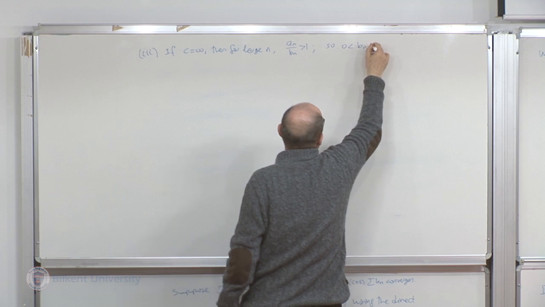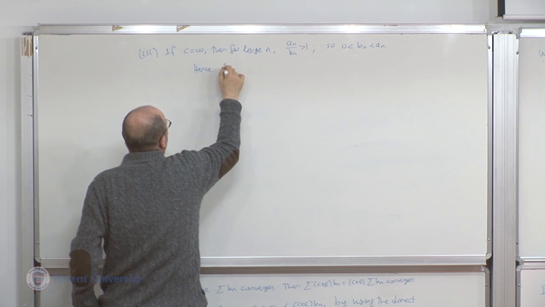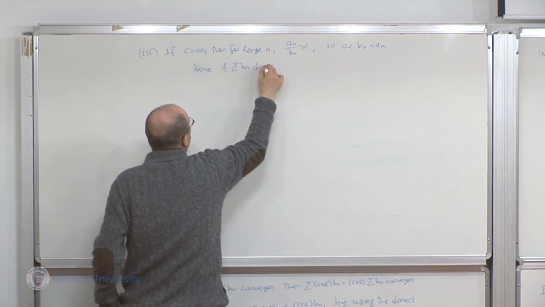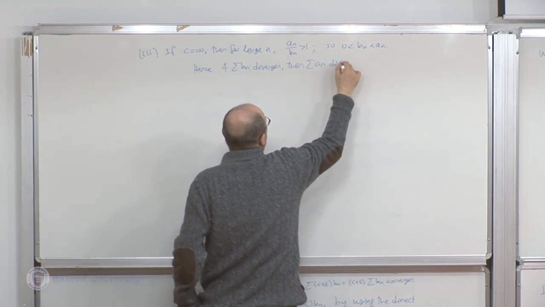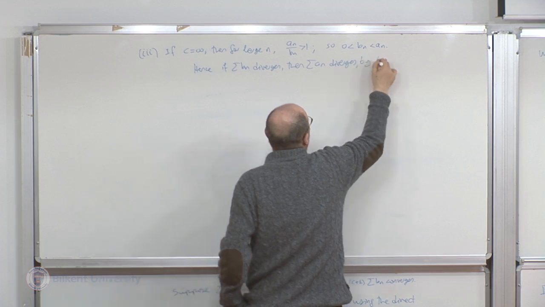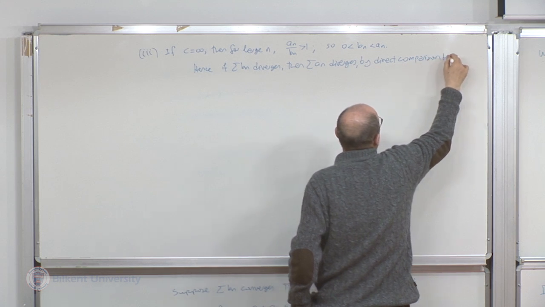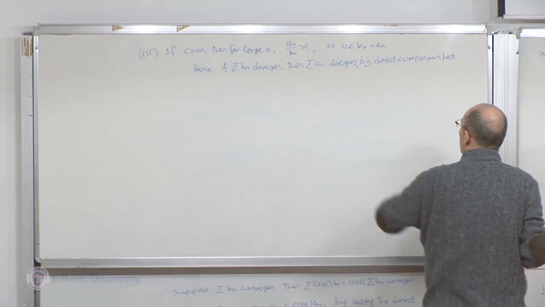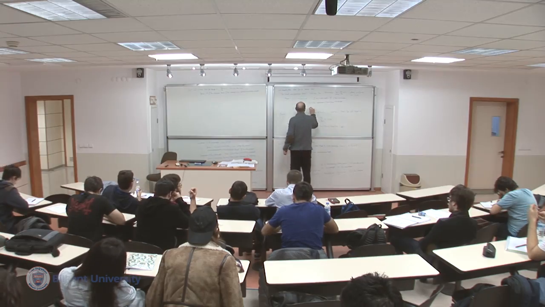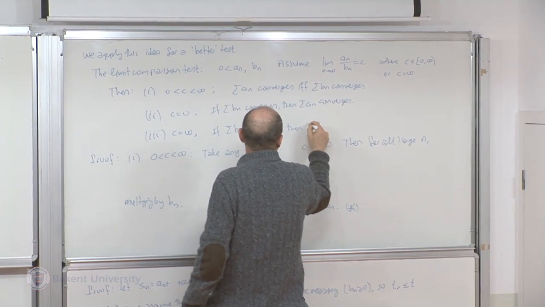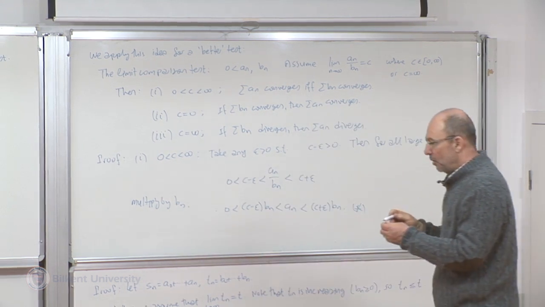So hence, if summation Bn diverges, then summation An diverges by the direct comparison test. Okay, so if summation Bn diverges, then summation An diverges. So that's our limit comparison test.